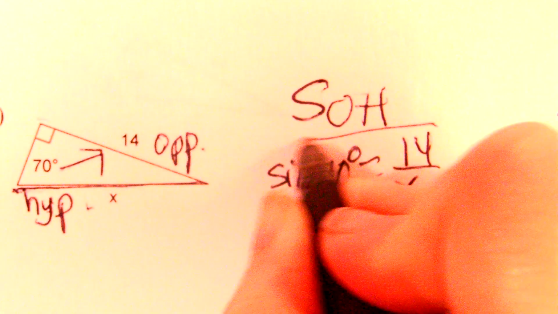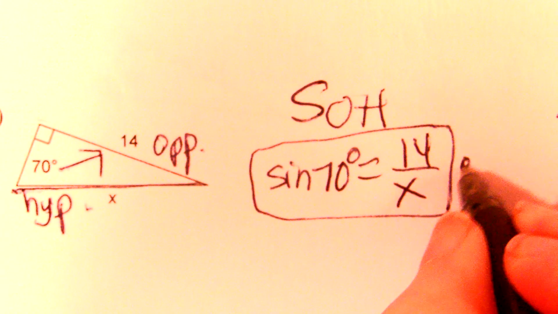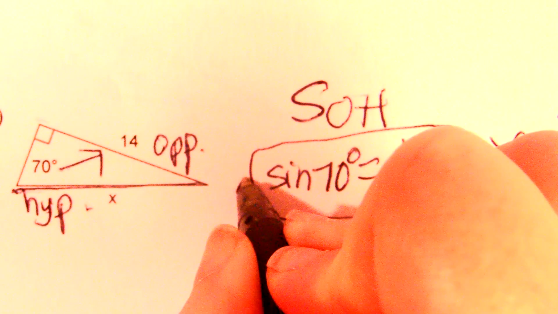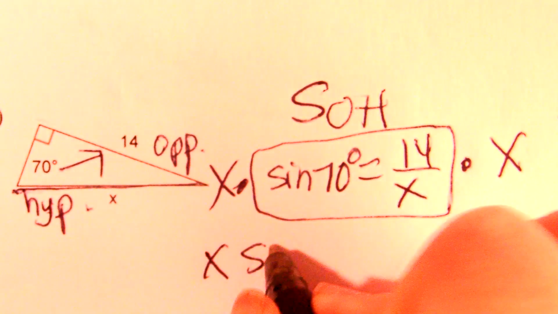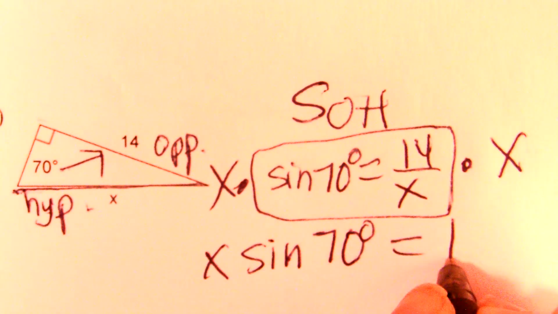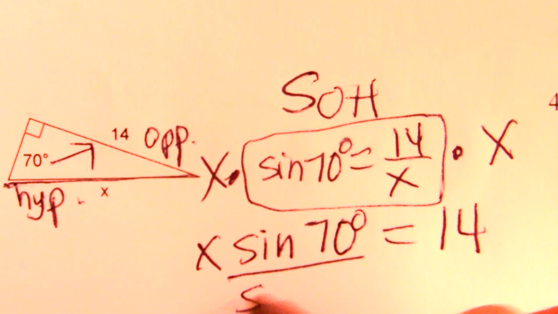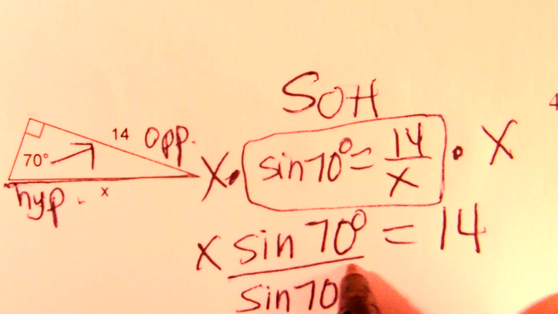And you put a box around it or a circle around it, please. Then what do we multiply both sides by? And you rewrite it so you can divide. Those cancel. Divide by sine of 70.